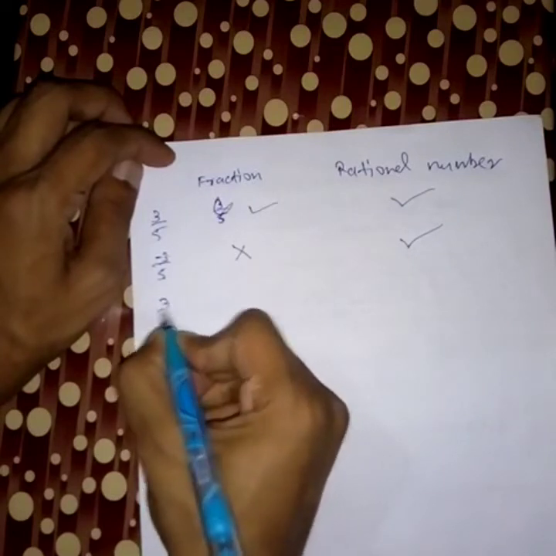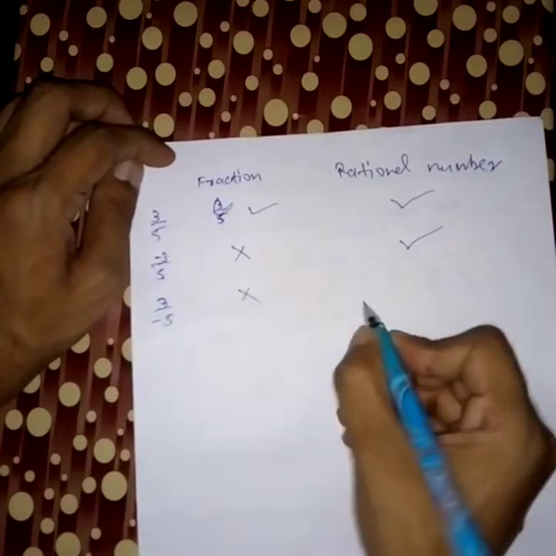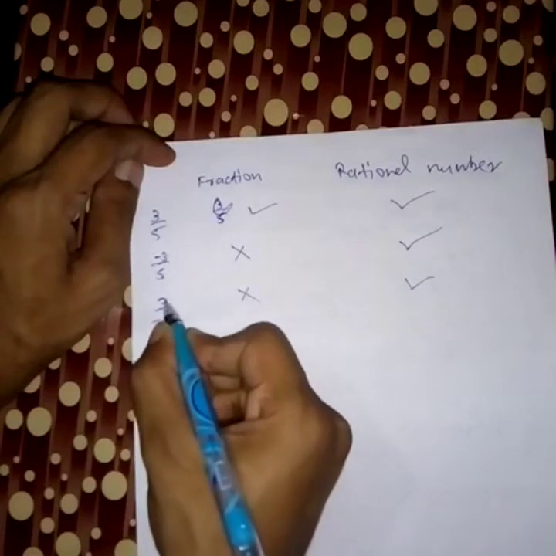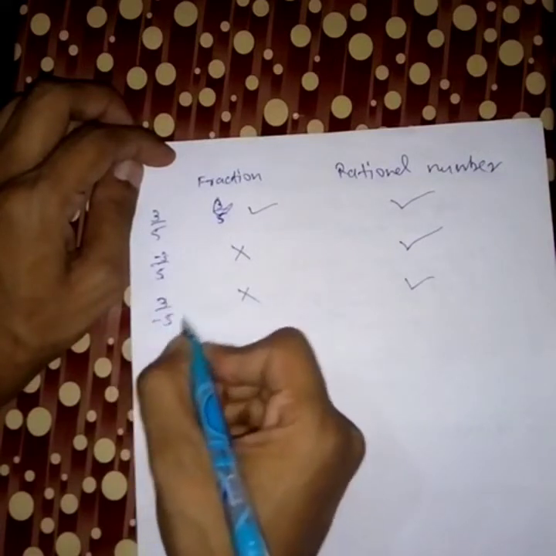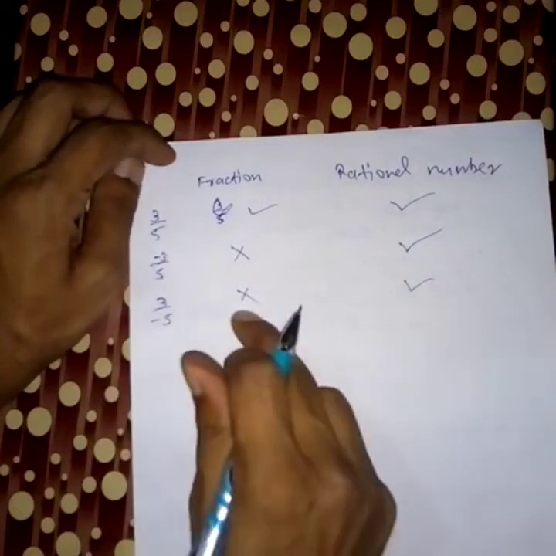Okay, let's take another example. Minus 3 upon minus 5. Is it a fraction? No, it is not a fraction. It is a rational number. Yes, it is a rational number because it is in the form of P by Q. Here P is an integer, Q is an integer, and Q is not equal to 0, so this is a rational number but not a fraction.